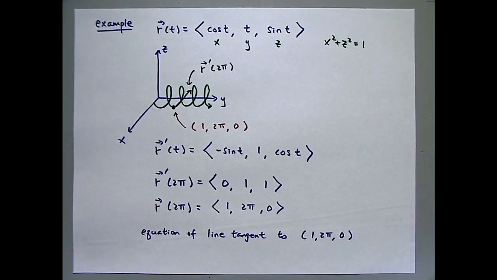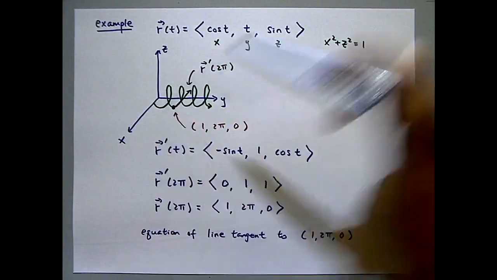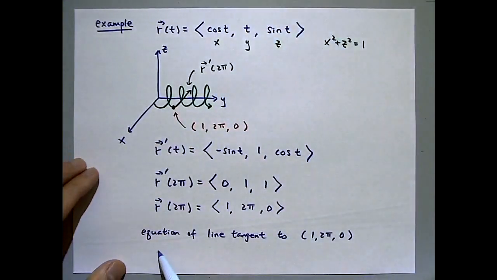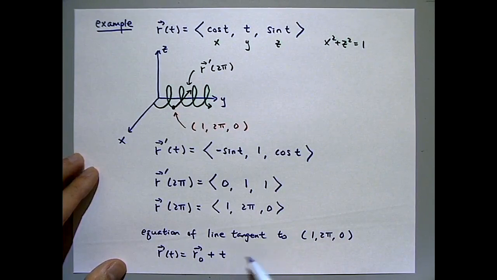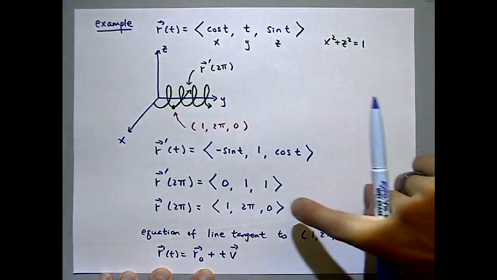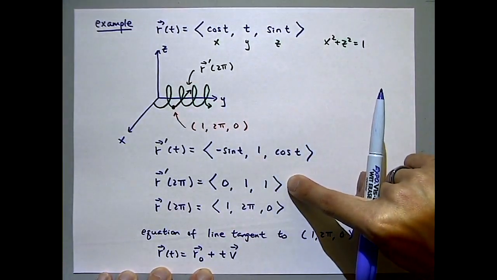And we have the ingredients to find the equation of the line tangent to that point. We have a point, we have a vector telling us the direction. We can use the vector form of the equation of a line. There's our point, there's our direction, which is given by the derivative here, 0, 1, 1, right?